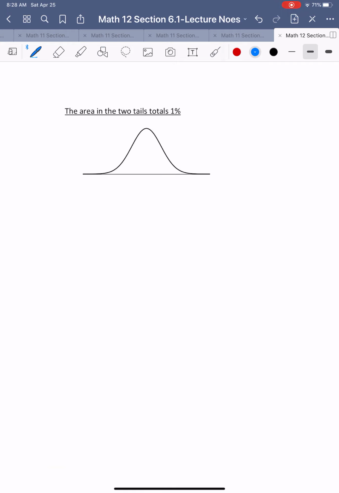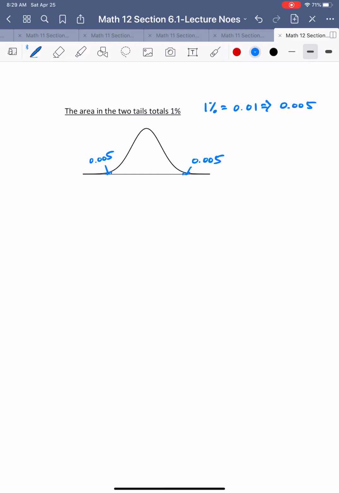And now 1%, which is very small. So 1% is the same as 0.01, and then divide by 2, we got 0.005. So this is 0.005, and another area here 0.005.